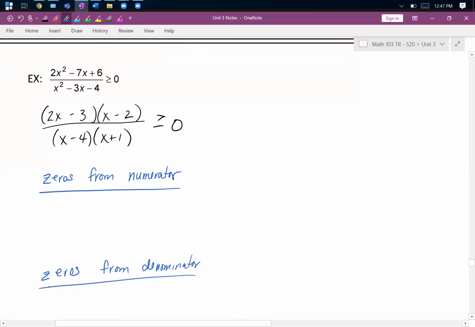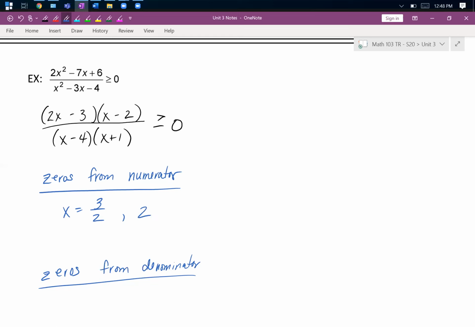What are our zeros from the numerator? Two-thirds and 2. Careful there, not 2/3. Oh, 3 halves. Sorry. We do that in our head and then our mind plays tricks on us.